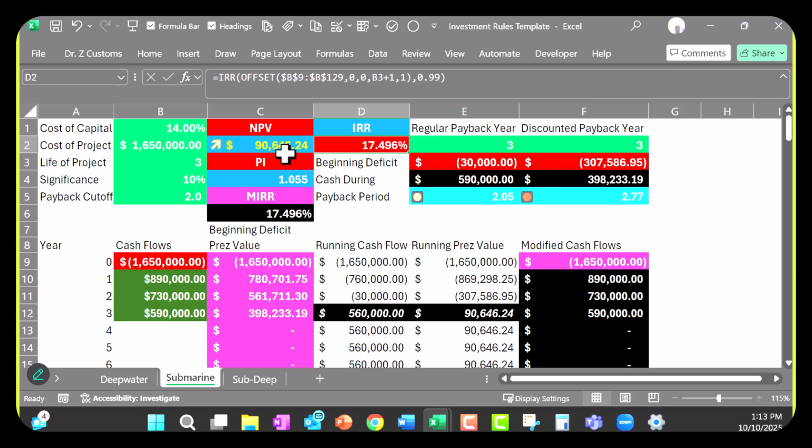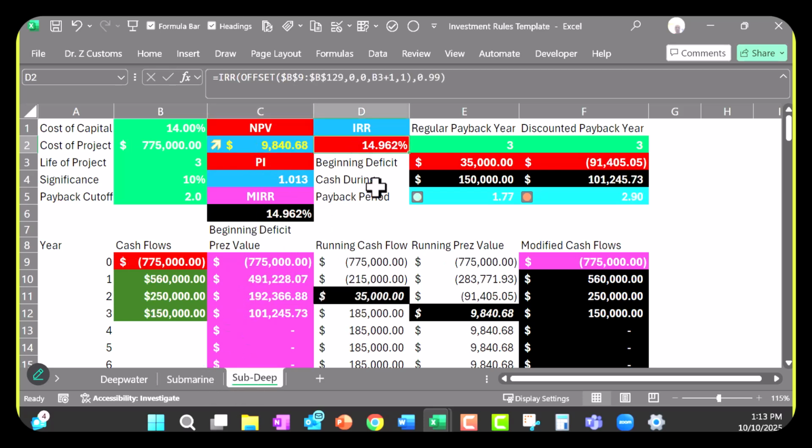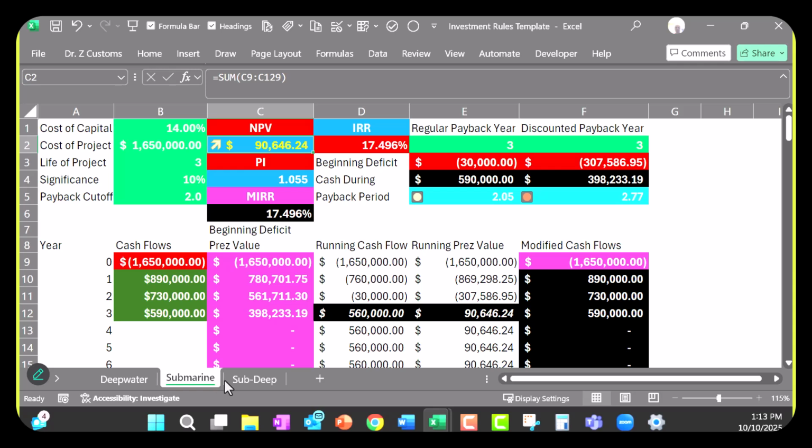Submarine has an NPV of over 90,000. Obviously, based on NPV rule, we should accept the submarine. And that is also consistent with the incremental IRR. That's kind of expected, assuming that incremental cash flows are conventional.